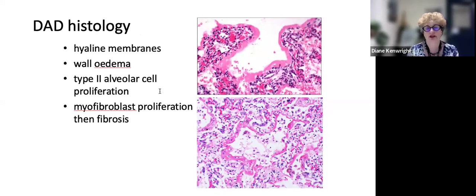The type 2 alveolar cells then proliferate and try and chomp it up. And it heals by myofibroblast proliferation and then fibrosis, which is bad because we need our alveoli to be thin and delicate. And if the walls are expanded by fibrosis, then the patient does not ever get better. They will always be left with lung compromise.